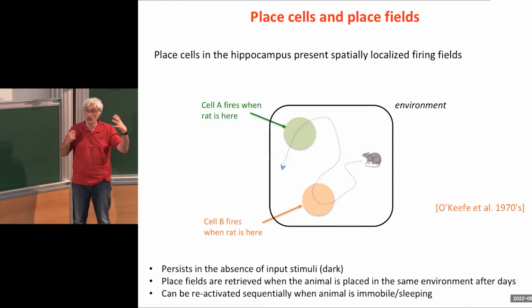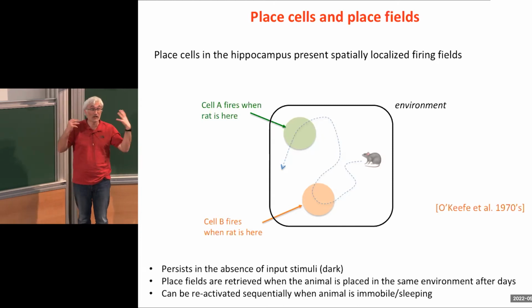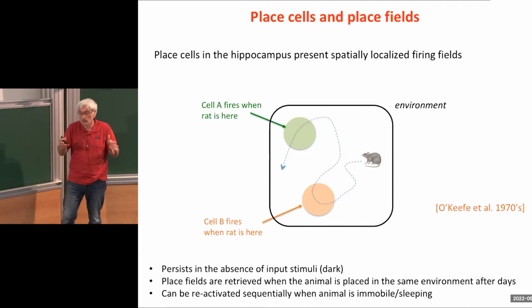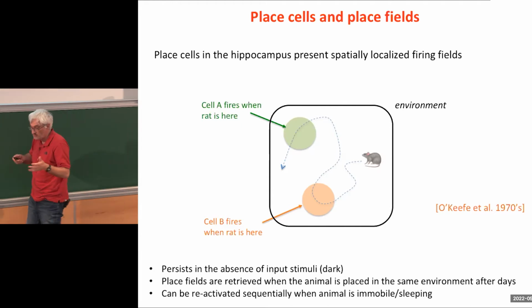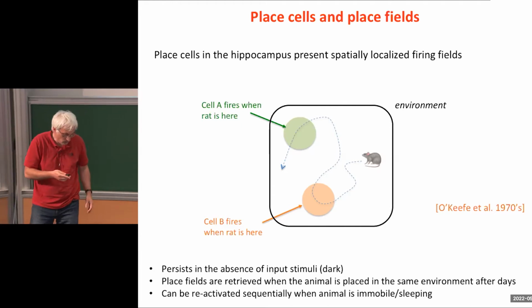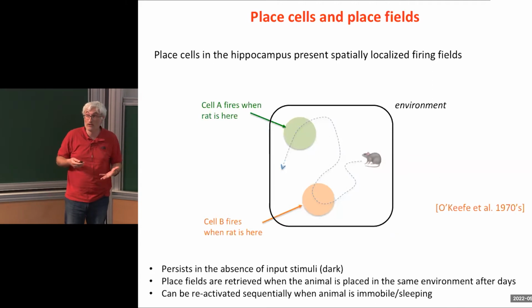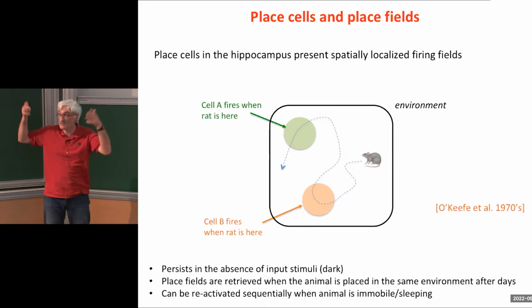This is a crucial faculty, important for instance for planning, motion planning, right? On compressed timescales, by a factor 20 for instance, in rodents. So that means that the activity of these place cells is supported by an internal network. It's not only something which is driven by sensory information.